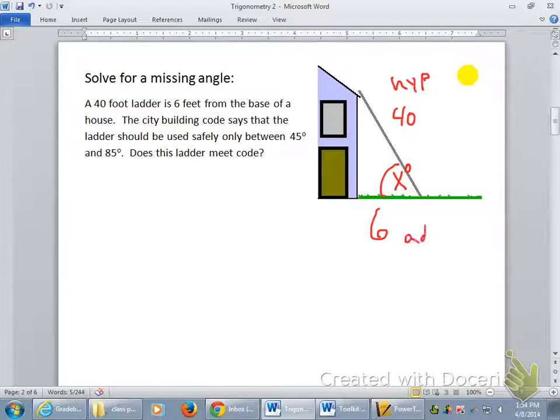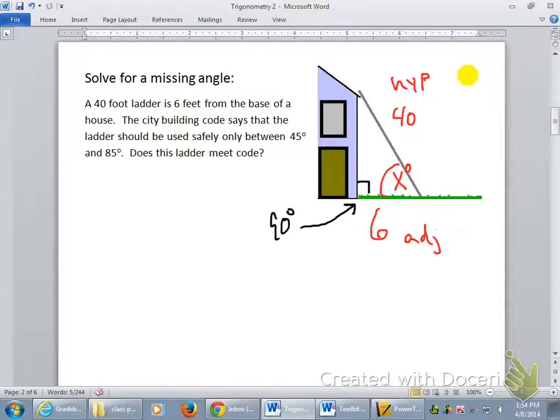The adjacent leg. Okay? Now there is one thing that we skipped that I probably should have mentioned, is in this particular problem, we can assume that that's 90 degrees. Anytime we're looking at a building or something, a tree growing or a pole in the ground, we can assume that's 90 degrees unless they tell us it's leaning. So that has to happen because I need a right triangle.